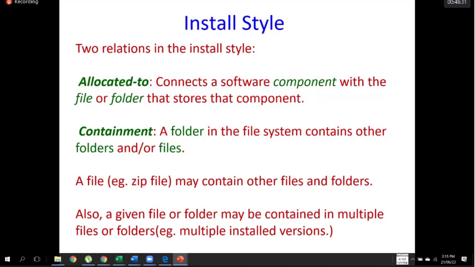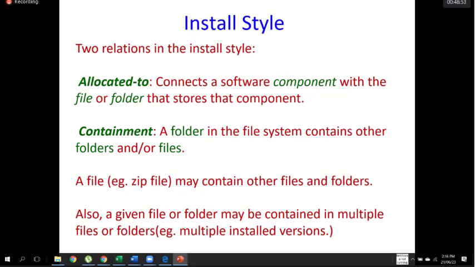The allocated to relation connects software components to storage places, files and folders. So we are going to store this software counterpart in files and folders.